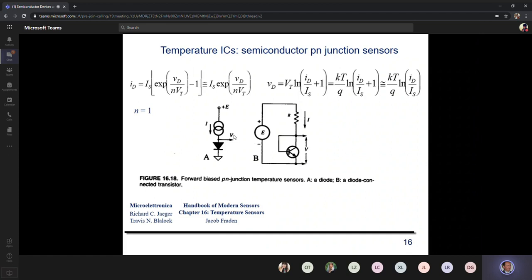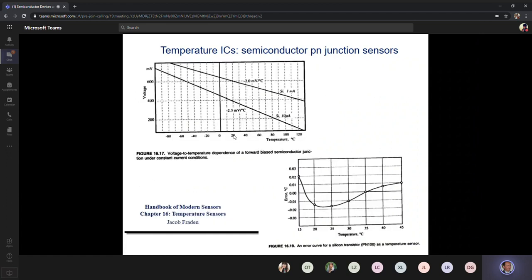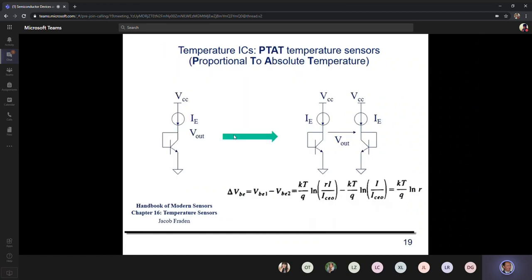Okay? So if you succeed in doing this, we obtain a device or a circuit whose outcome is proportional to absolute temperature. This goes under the acronym of PTAT.